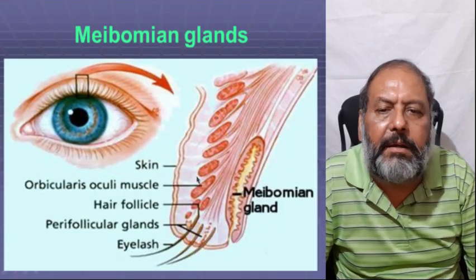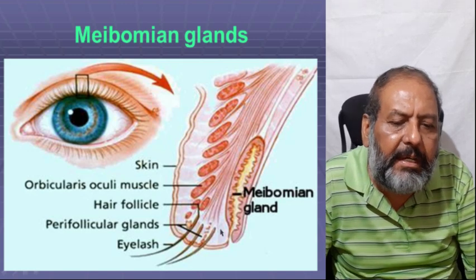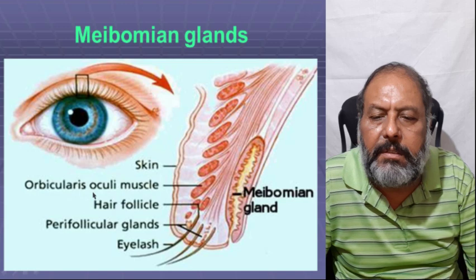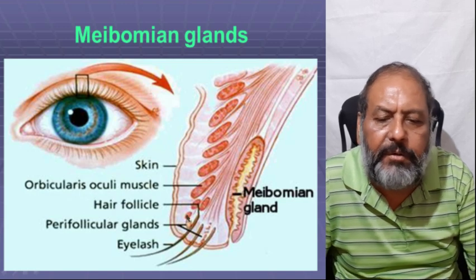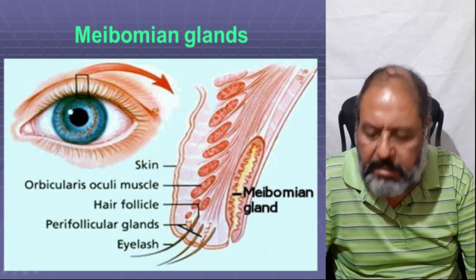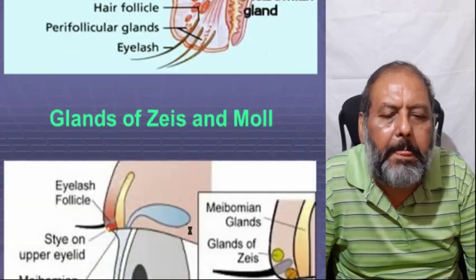And here are the meibomian glands, and that is the skin of the lid, then orbicularis muscle, hair follicle, and perifollicular glands which are lying along the sides of the eyelashes.